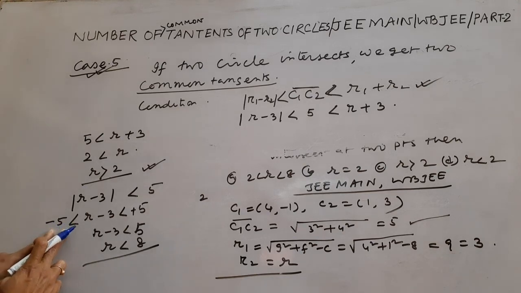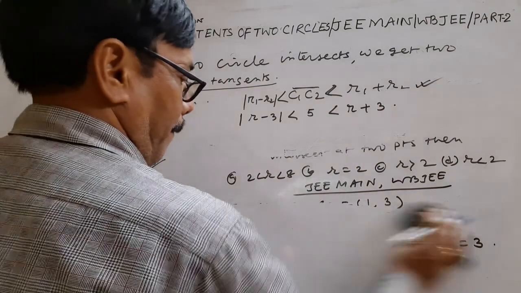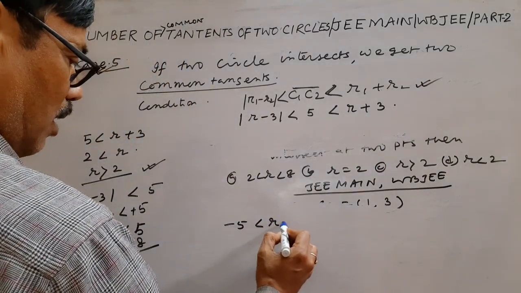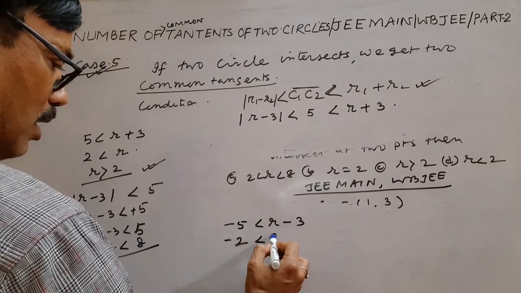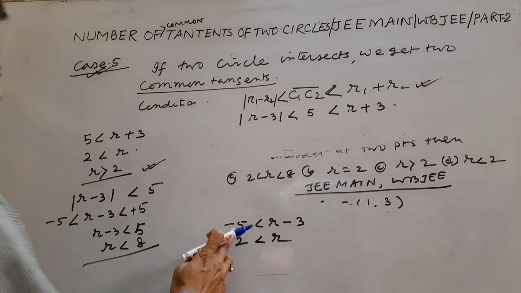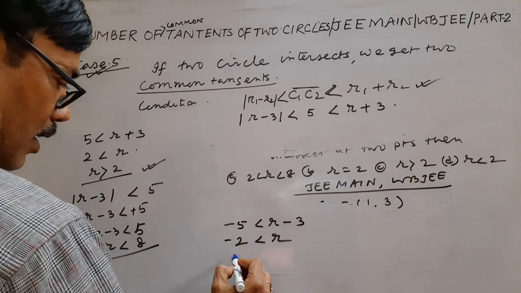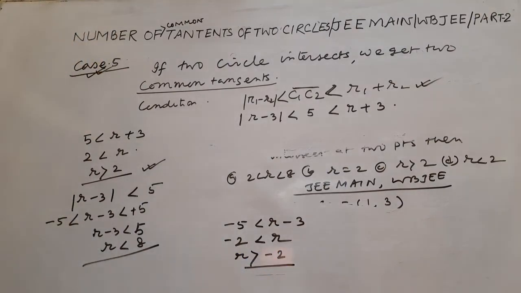And if we consider this one, minus 5 less than r minus 3. So minus 2 less than r. That is r greater than minus 2. And here r is greater than 2.